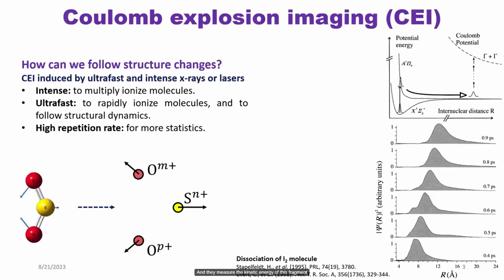They measure the kinetic energy of these fragments and deduce the distance between the two iodine atoms, shown on the x-axis, and thus the spatial distribution of the atoms. As time goes by, on a scale of about 100 femtoseconds, you can see how the two iodine atoms move away from each other.